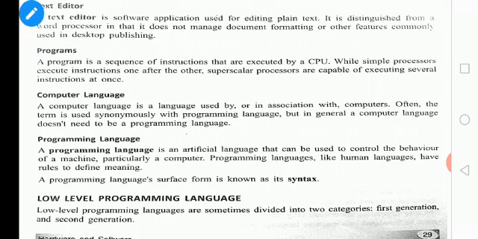Here then program. A program, I already said, is a set of instructions. So a program is a sequence of instructions that are executed by a CPU. While simple processors execute instructions one after the other, superscalar processors are capable of executing several instructions at once.